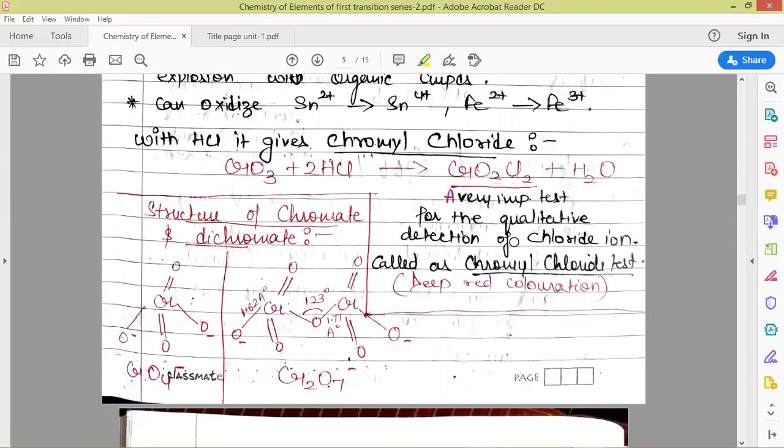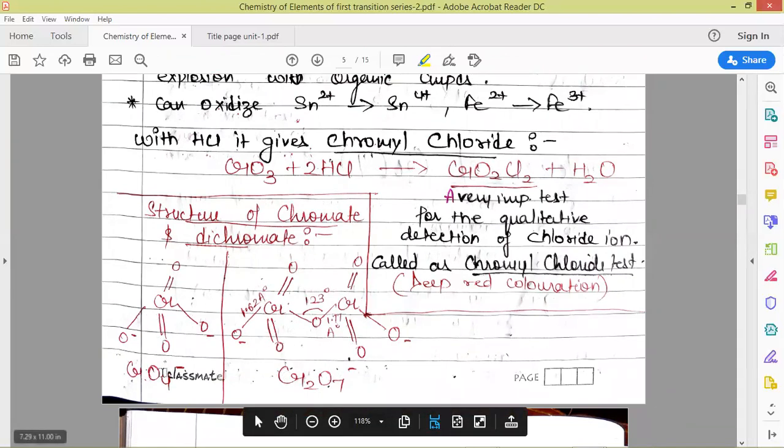Now we have discussed that with alkalis it forms chromates, and with acids it forms dichromate. These are the basic structures for chromate and dichromate. Here two oxygens are present as doubly bonded, with a tetrahedral structure, and two have negative charge. Here the formula is CrO4 2 negative.